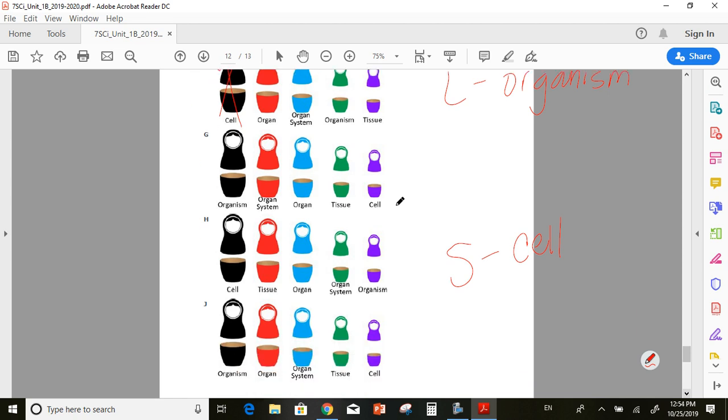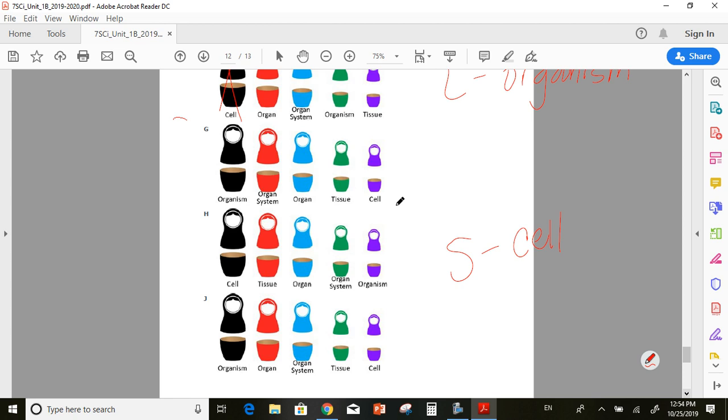G says organism, so I'm going to question mark it. I'll come back and look at it. H says cell, so that's not it. And J has organism, so I'm down between G and J. They both have cell at the very end, so now I've got to take a look at the in-betweens.